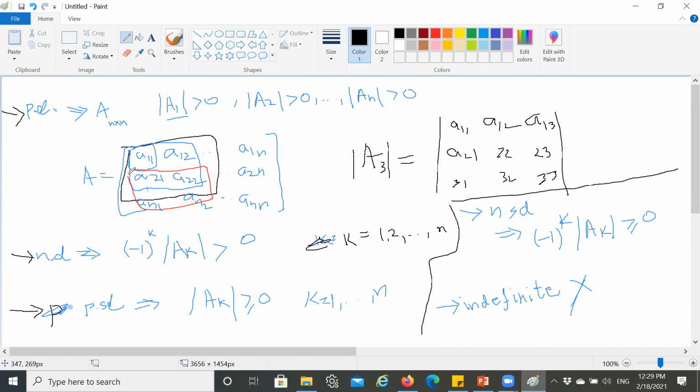The one in red is the reason why our friend corrected me. He said that I should say leading principal minor and not principal minor, because this is also a principal minor, but this is not the leading principal minor. The leading principal minor is the principal minor which starts from the top leftmost corner. So the blue ones are correct, but the red one is not correct. Okay. Good.